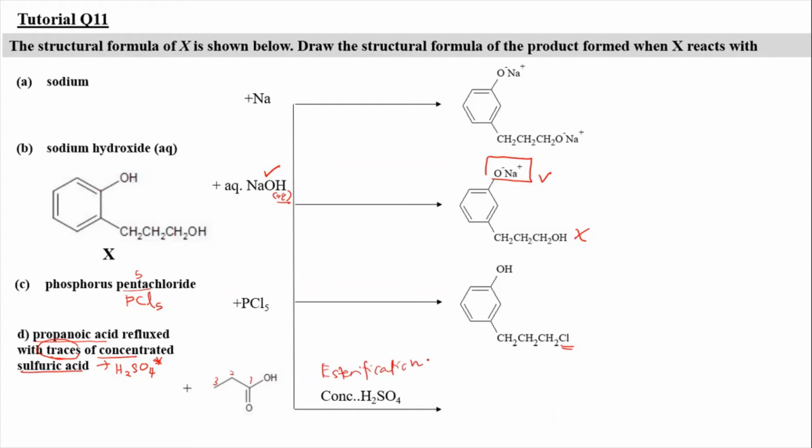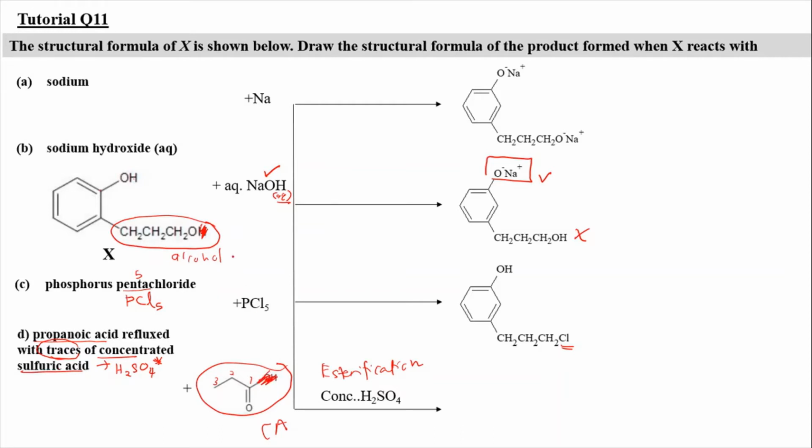Okay, so for esterification, the carboxyl part is going to react with the alcohol part. The phenol will not take part in the reaction. So alcohol with carboxylic acid. So the alcohol is going to lose the hydrogen and the carboxylic acid is going to lose the OH group here.